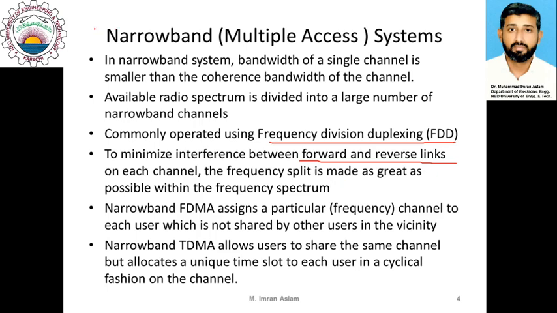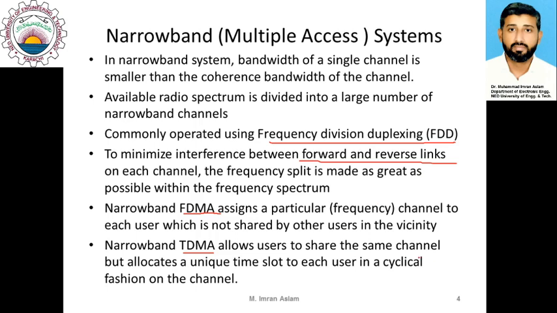We have two types of narrowband system. Normally we use either frequency division multiple access or time division multiple access in a narrowband system. The narrowband FDMA systems assign different frequency channels to each user, so that they can use that channel to transmit their signals, and this assignment is made in such a way that the same frequency is not used by any other user in the vicinity, so that it does not cause any interference.